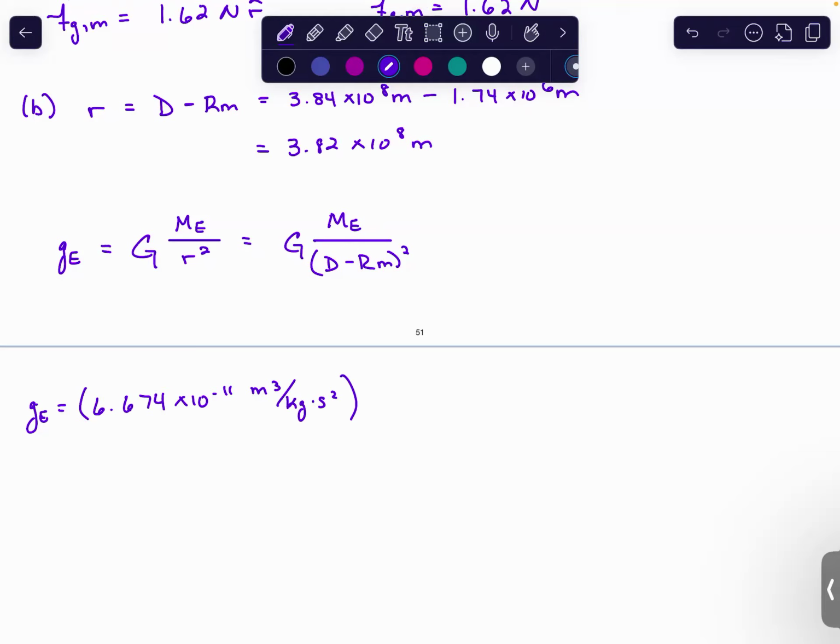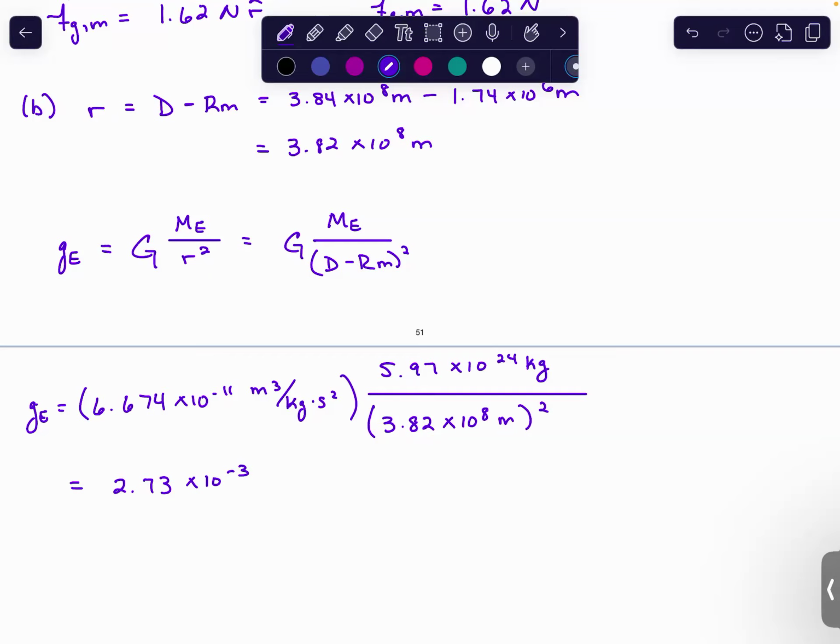And then the mass of the Earth, 5.97 times 10 to the 24th kilograms, over our distance from Earth to the surface of the moon, 3.82 times 10 to the 8th meters squared. And this gravitational field is going to come out to be 2.73 times 10 to the negative third.